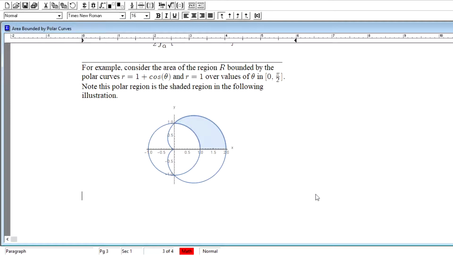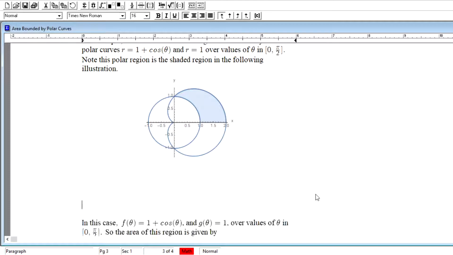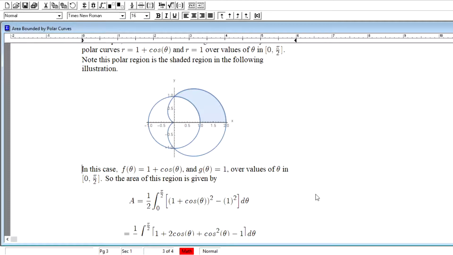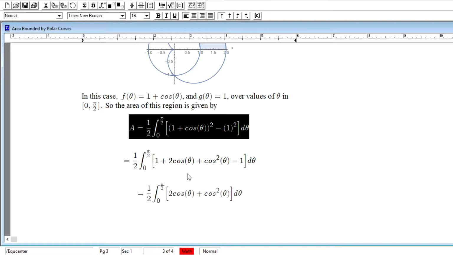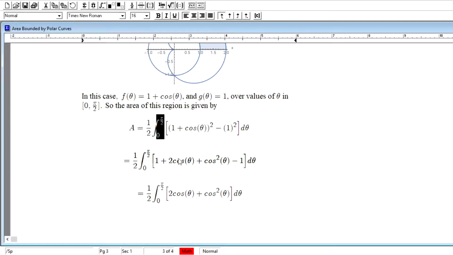If we plug those values into our formulation, I point out in this case, f of theta is 1 plus cosine theta, g of theta is equal to 1, and theta is in this interval from 0 to pi over 2. So that area is just given by this calculation here. It is happening from 0 to pi over 2, where 1 plus cosine theta is playing the role of f of theta, and the value of g of theta is played by the constant value of 1.